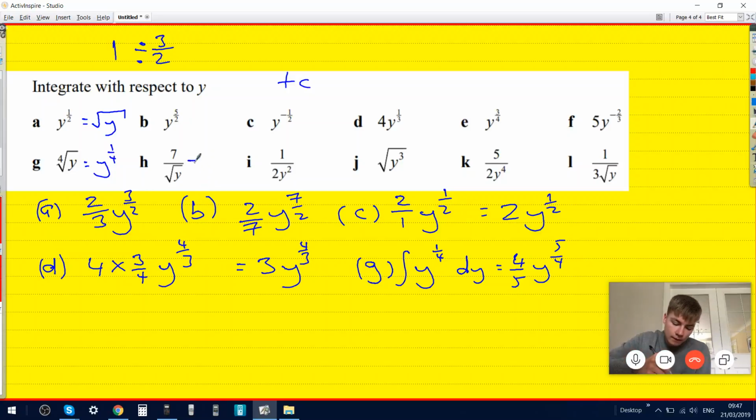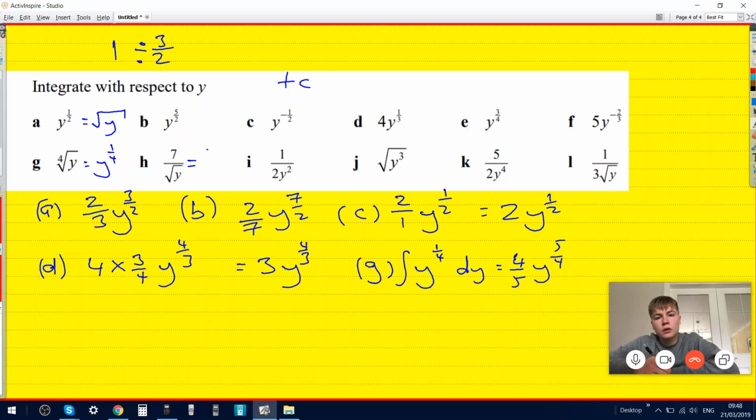Okay, so how about h? Convert that. I know it's y to a half for the square root bit.